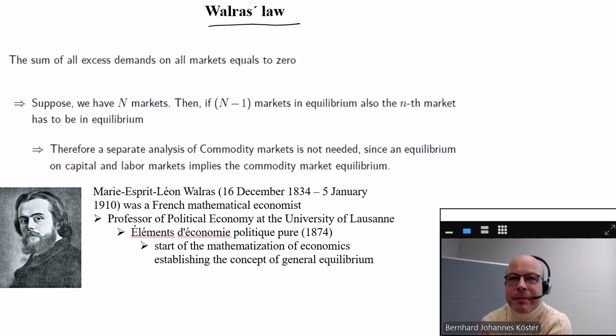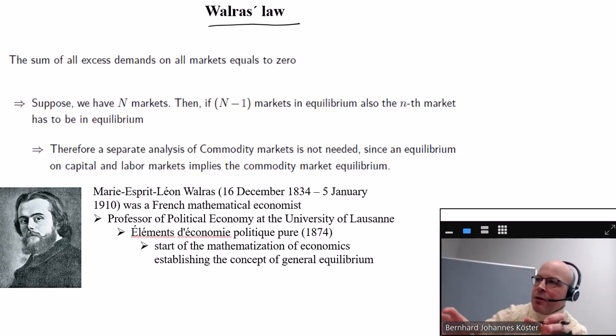He is maybe a very annoying guy for you because in the 19th century, he was maybe the starting guy who started the mathematization of economics. He was a professor of economics in Lausanne, in Switzerland, and he examined especially the topic of general equilibrium, or even introduced this concept of general equilibrium.